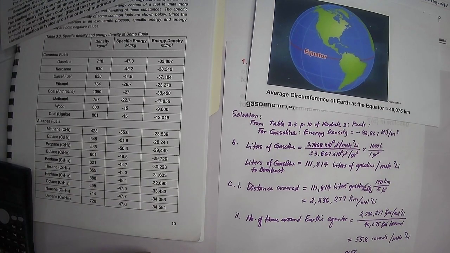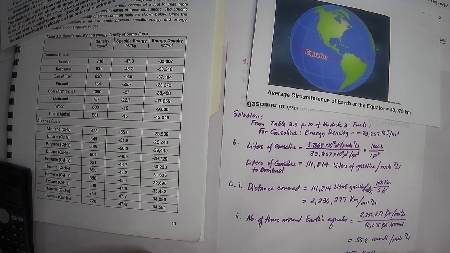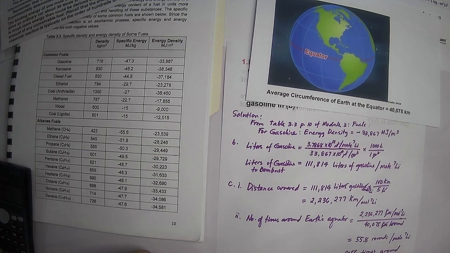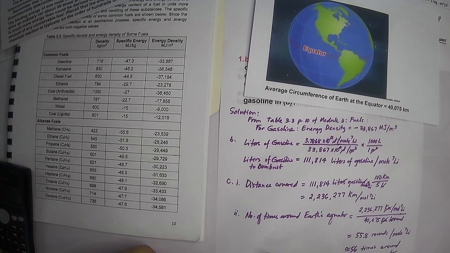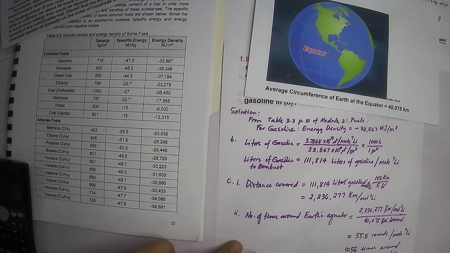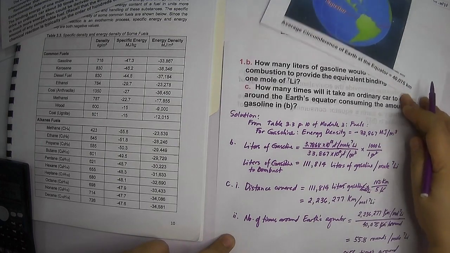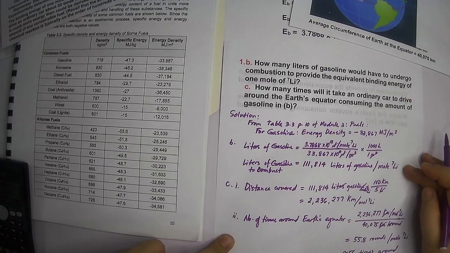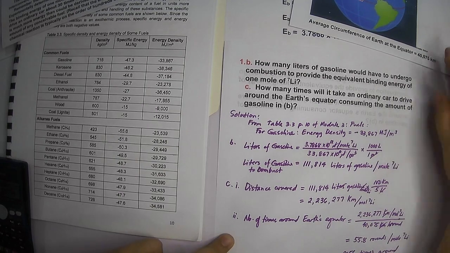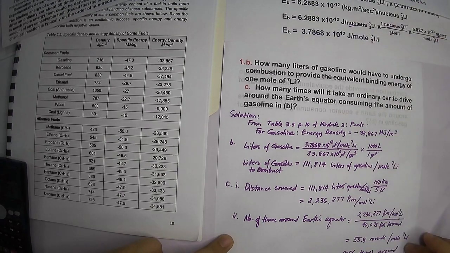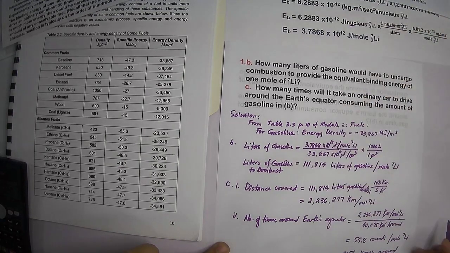You will go 56 times around the Earth equator when you use up this much gasoline using our ordinary car, which is this much gasoline equivalent to the binding energy of 1 mole of lithium 7.